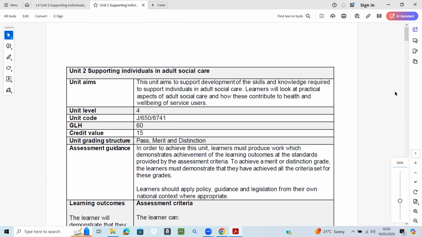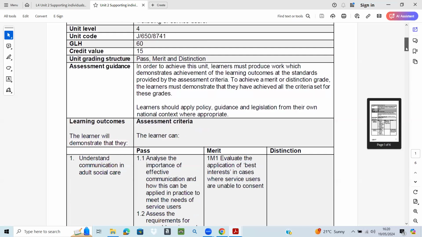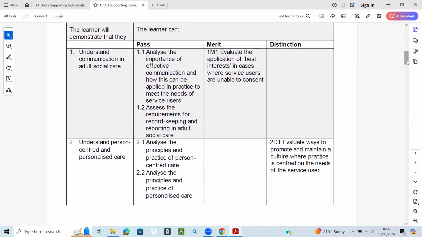So we have the guidelines for unit 2. For the pass criteria, we have to analyze the importance of effective communication and how this can be applied in practice to meet the needs of service users.